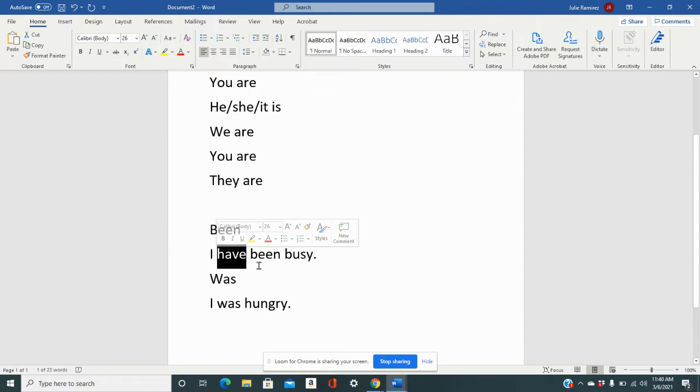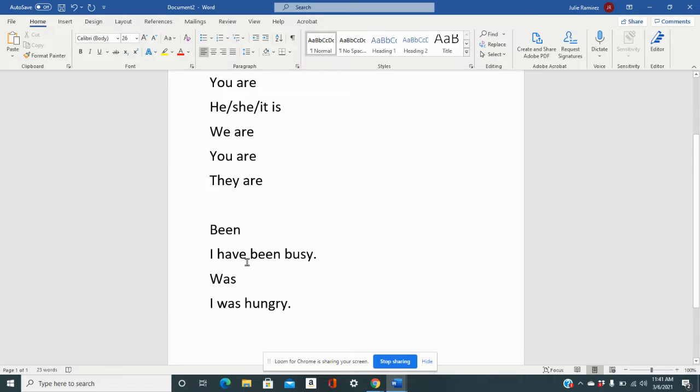And so helping verbs are often used in different verb tenses, which we can discuss another time. But this is an example of a perfect tense verb. So it's basically saying that I've been busy. We don't know how long I've been busy. This is what we call the present perfect tense.